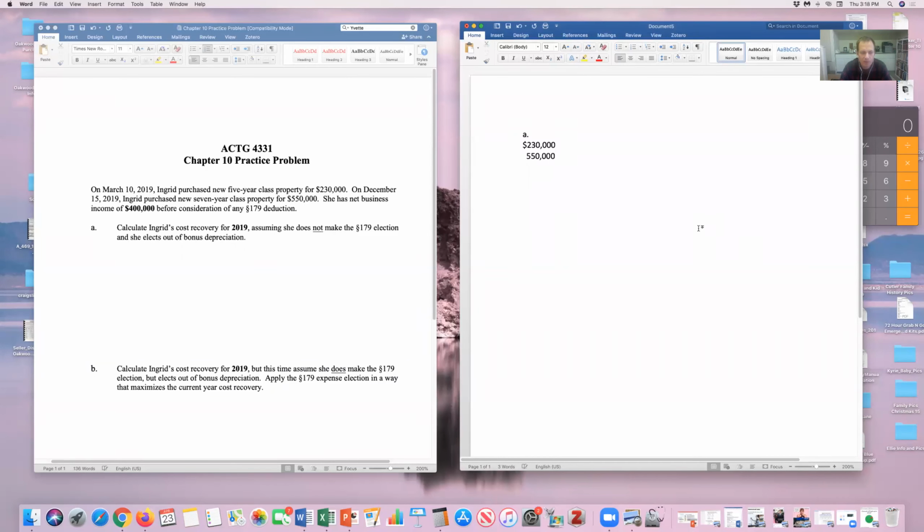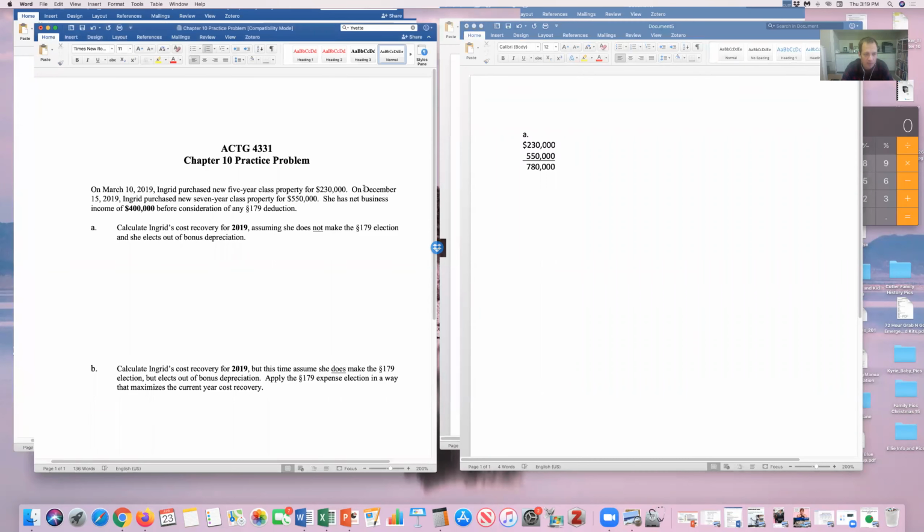So the first thing we have to do here is look at the total property placed in service during the year, with both of those assets, which is now $780,000. I want to come up with that total because now I want to look at how much of that was placed in service during the fourth quarter.